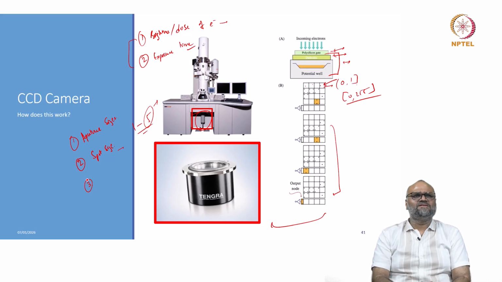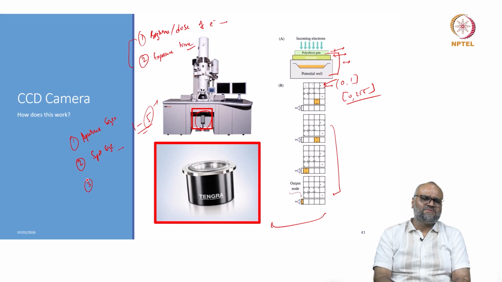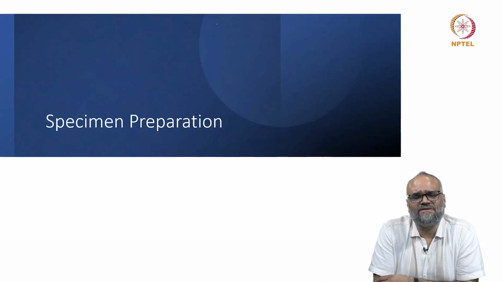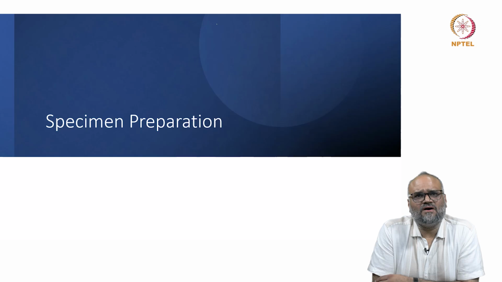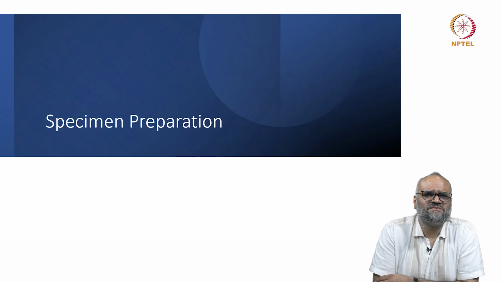We will move on to see what kind of specimens are allowed, and the different specimen preparation techniques that we use for the transmission electron microscope. So now let's have a look at the kind of specimens that can be used in a TEM. I mean the kind of specimens that can be analyzed in a TEM. If you recall, I was mentioning that within a transmission electron microscope, there is a limit on the thickness of the specimen.